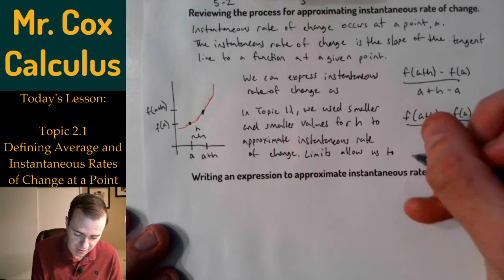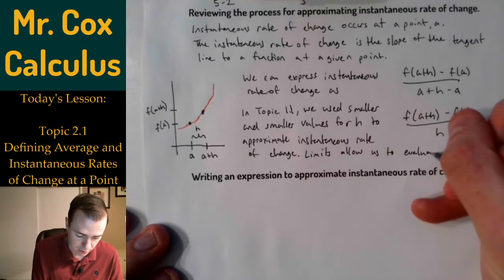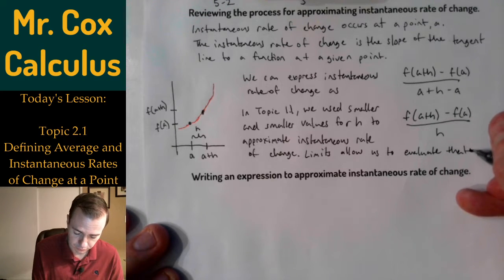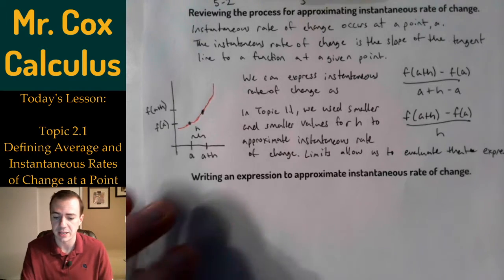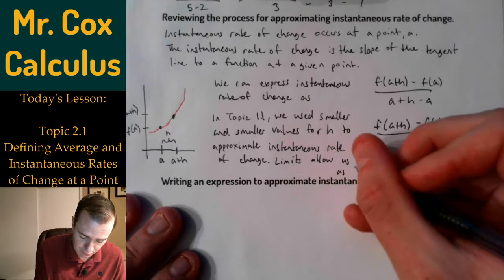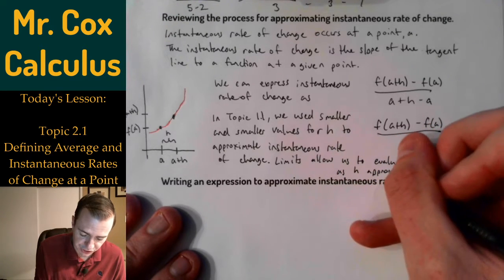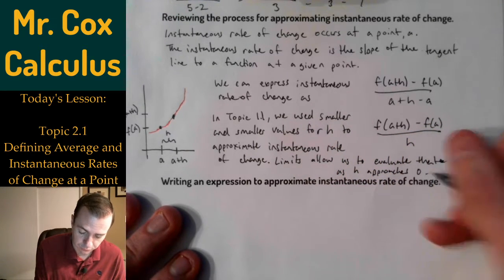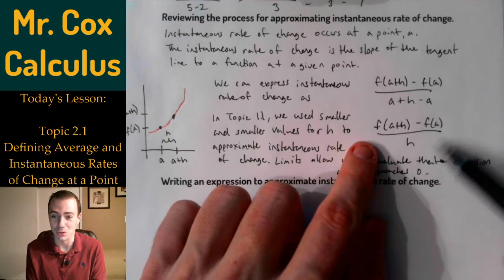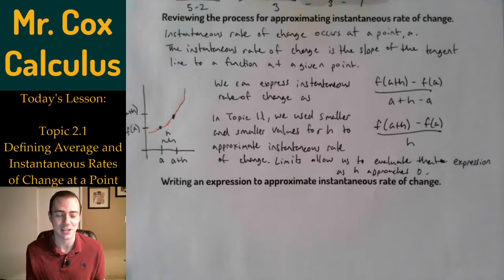Limits are going to allow us to evaluate this expression as h approaches 0. And if you think about limits, it's not going to be very hard to look at this expression and evaluate it as h approaches 0. And we'll build that in the next video.